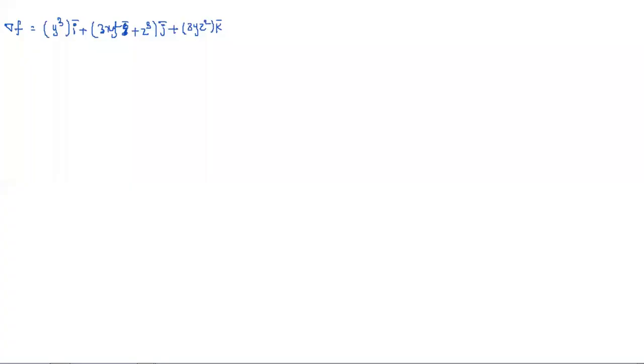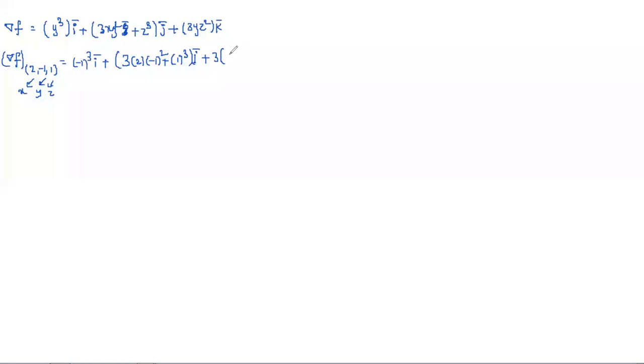So del f at this point, del f at the point what they mentioned, 2, minus 1, 1, it means x is equal to 2, y is equal to minus 1, and z is equal to 1. So if you substitute, minus 1 whole cube into i plus 3xy square, so x is nothing but 2 and y square is nothing but minus 1 whole square, plus z cube is nothing but 1 cube into j, plus 3yz square.